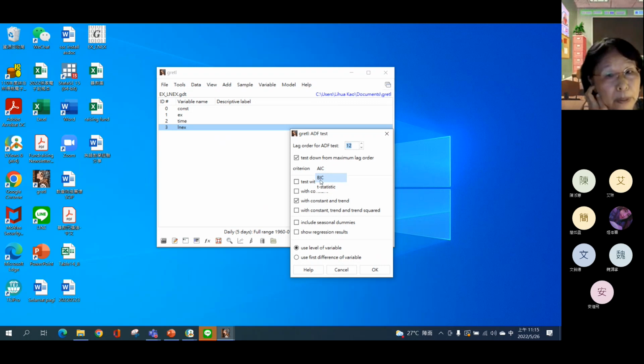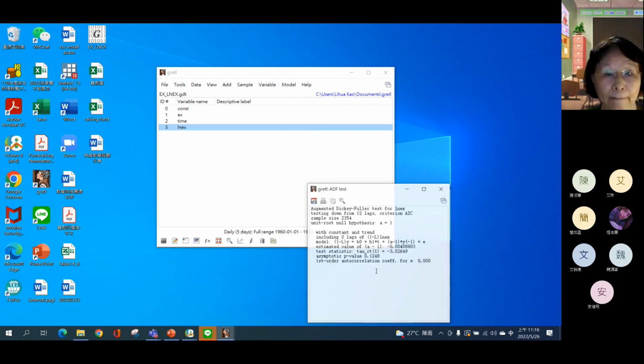There's also the Schwarz, and this is Akaike. Now I have to choose among these three versions. I'm taking with constant and trend, so I click here. Then I use level of variables. These three parts are just what I did using EViews. Then I hit OK.